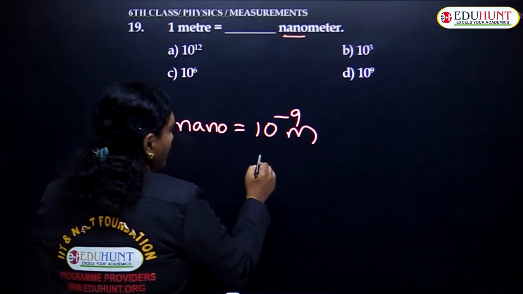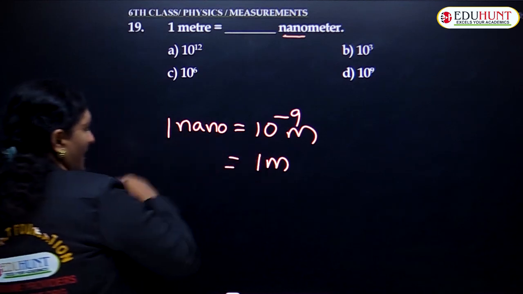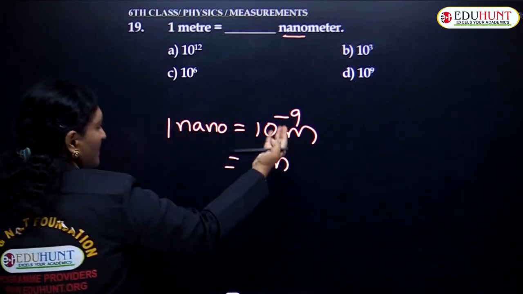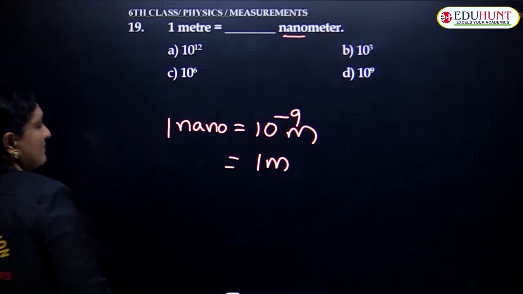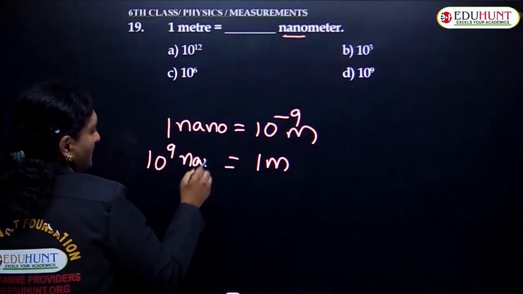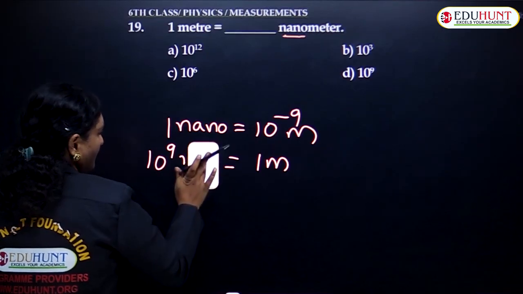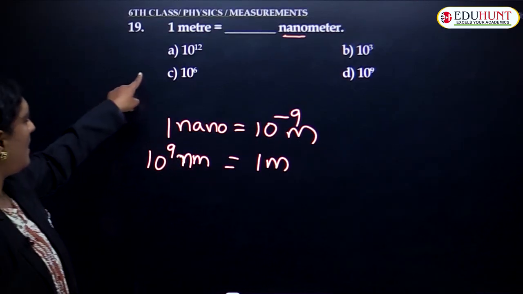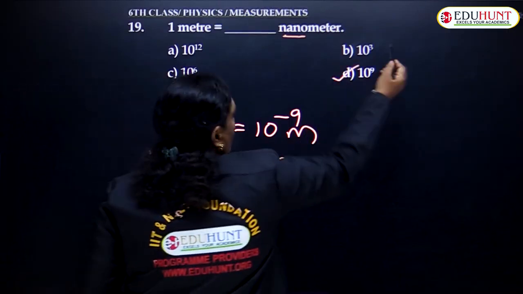If I want 1 meter in terms of nanometers, this minus 9 should be brought to the other side. Here it is minus 9; if it is brought to the left side, it becomes 10 power plus 9 nanometers. So, short form, let me represent as nanometers. Okay. So the answer is option number D.